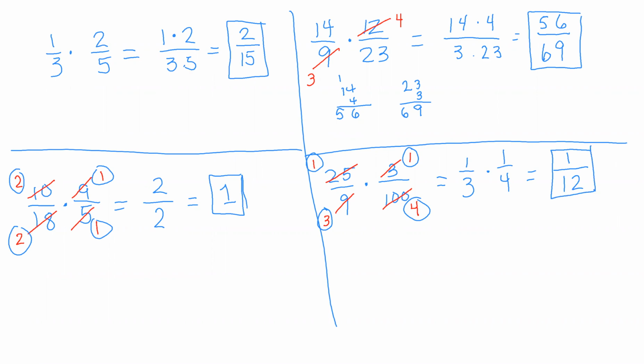Let's try another one. Let's go to a new screen. What if I had 30 over 42 and I was multiplying that by 7 over 100? Again, you could go ahead and multiply 30 times 7, you'd get 210. You could multiply 42 times 100, you get 4,200, but that would be really difficult to simplify.